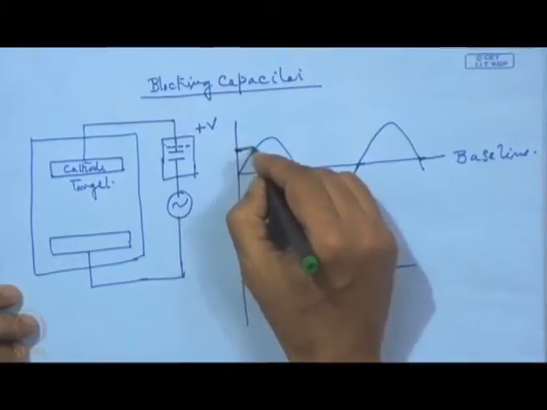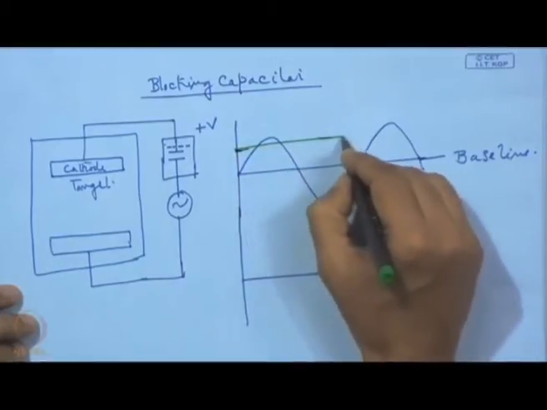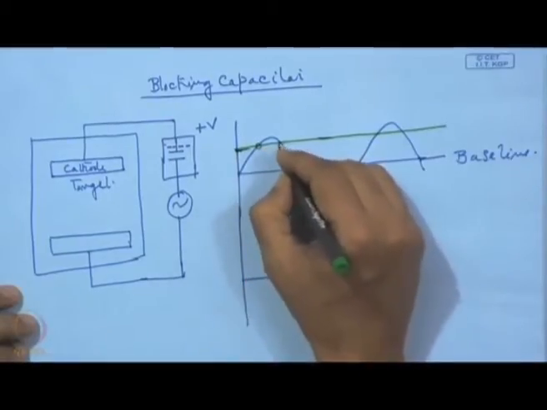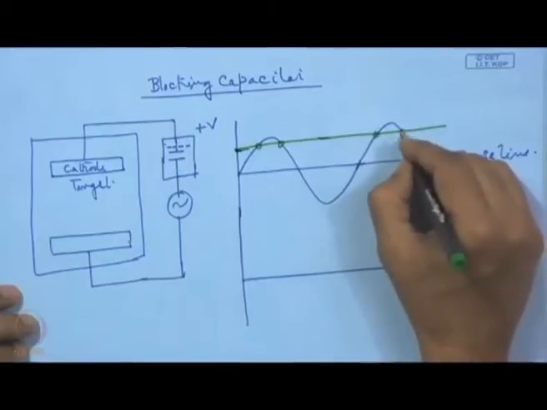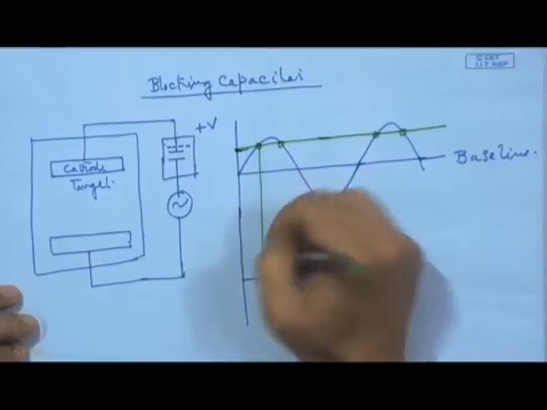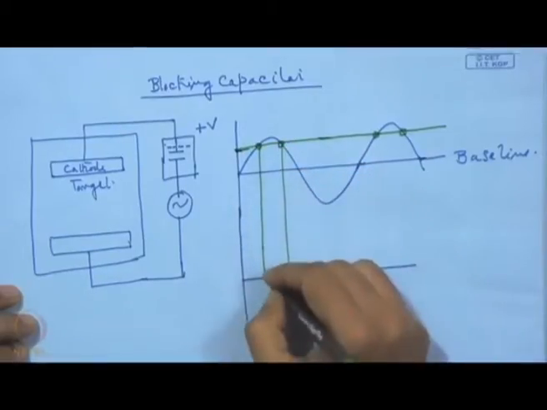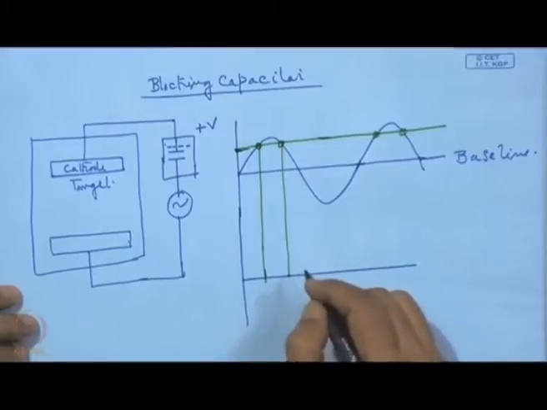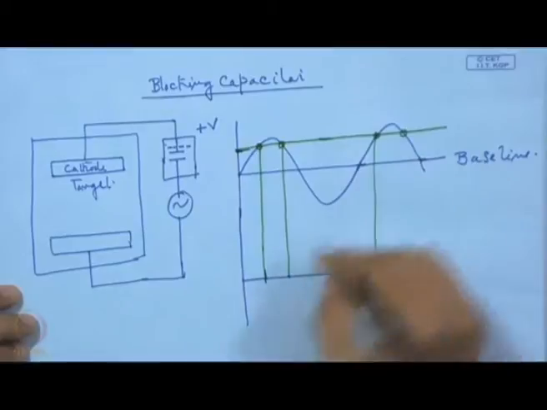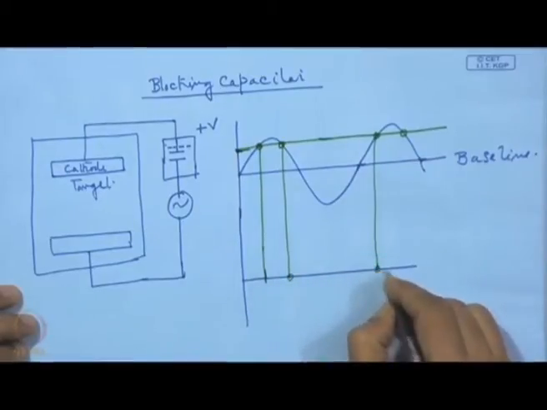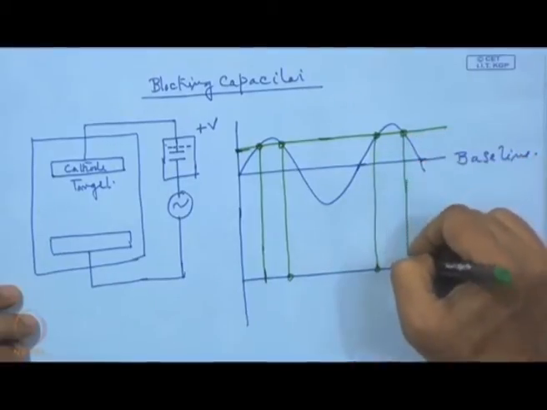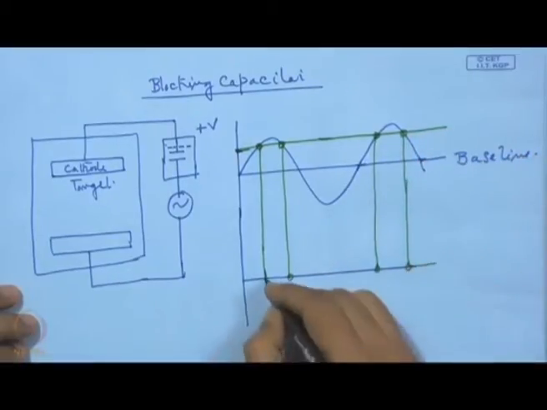So, if this is the shift that takes place here, then interestingly, these are the points one can identify, and within that zone this is going to be a span over which the electron current will flow, and this is the span of time over which ion current will flow, and this is also the span over which electron current will flow.